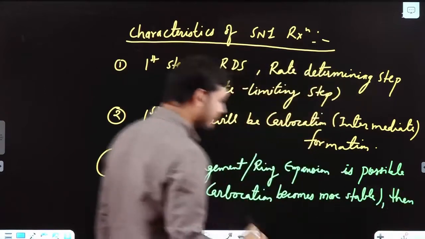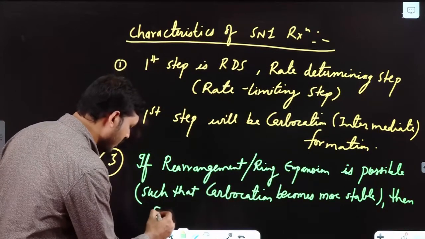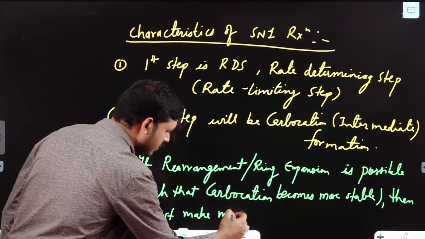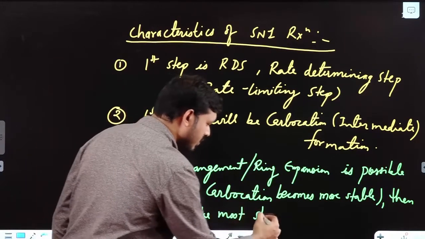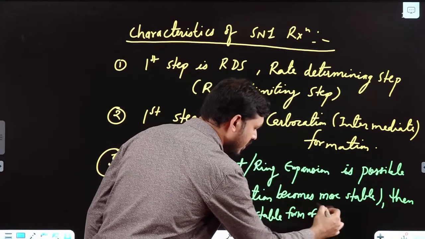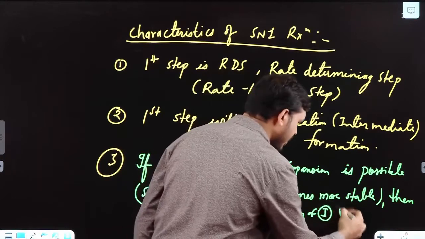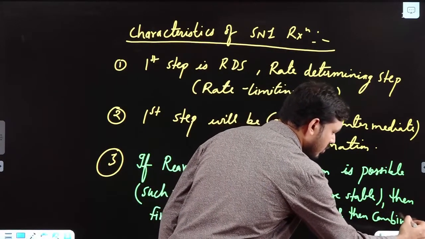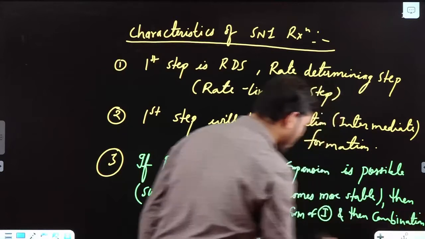First make the most stable form of intermediate, and then combination will occur.